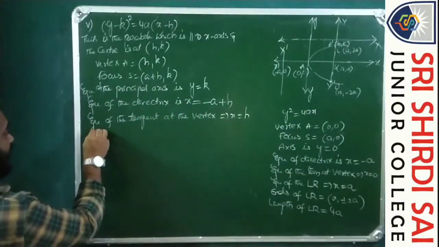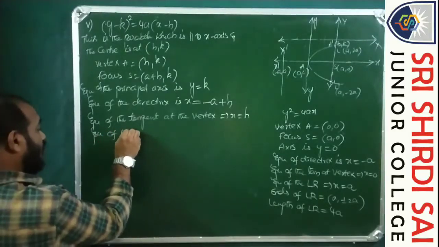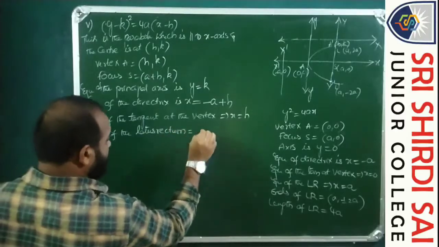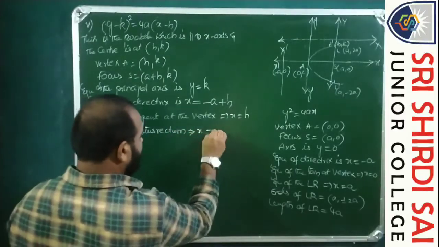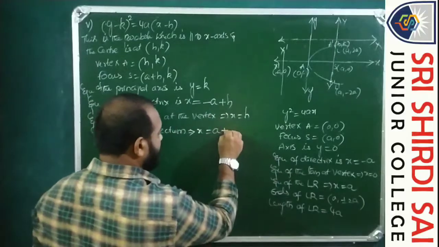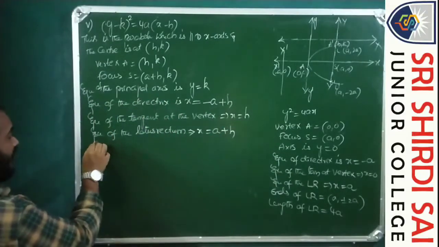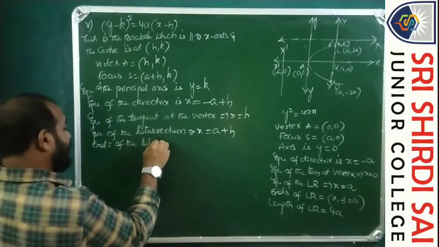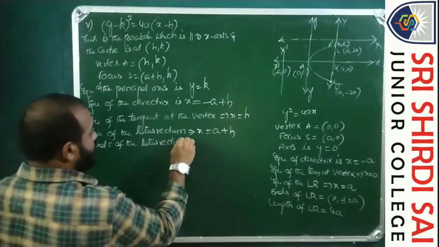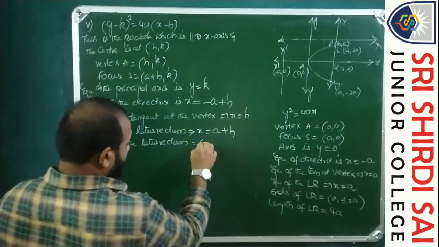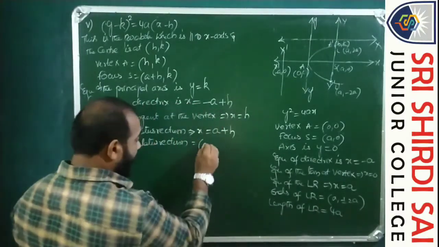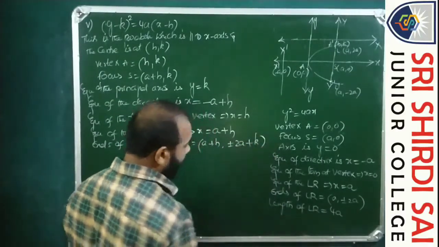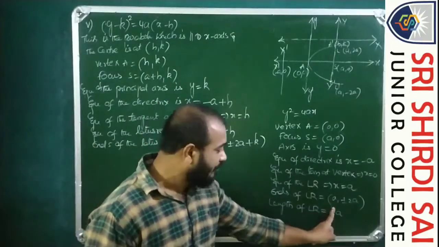So the equation of the latus rectum is x is equal to a plus h. And the ends of the latus rectum are a comma plus or minus 2a, so a plus h comma plus or minus 2a plus k, with h added to the x coordinate and k to the y coordinate.